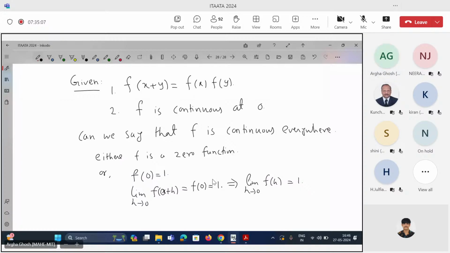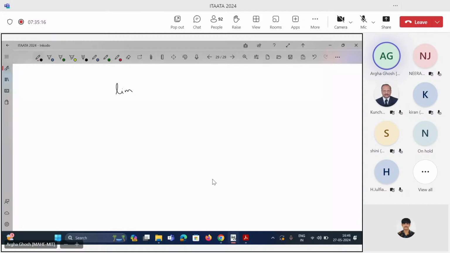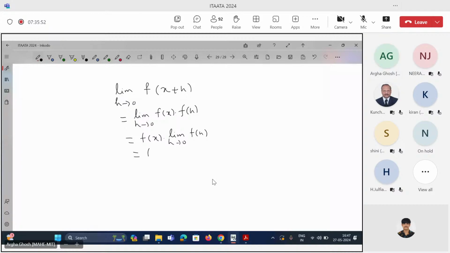Then as h tends to 0, the limit of f of x plus h will be the limit of f of x into f of h, and so it is continuous at the point x.